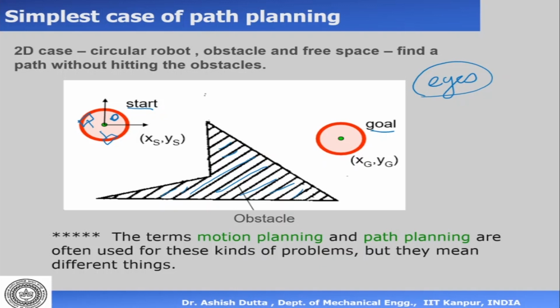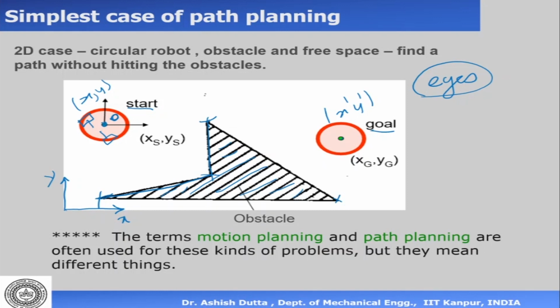At most it has geometrical input data: this is the start point with its xy coordinates, this is my x coordinate, that's my y coordinate, and the goal has some x dash y dash position. And the object has vertices which are input. So the input to the program would be this geometrical data.